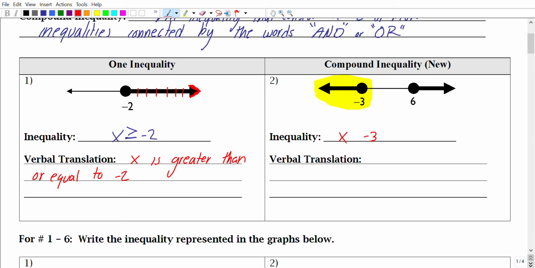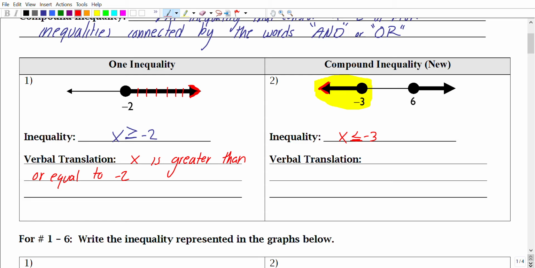So this arrow is going to the left. Remember, if your variable is already on the left-hand side, you just have to write down a symbol that looks just like where the arrow is pointing, and that looks like a less than sign, which makes sense because less than is to the left, right-hand side is greater than. Now we do have a closed circle, so I know I have to put an equal to sign under there.